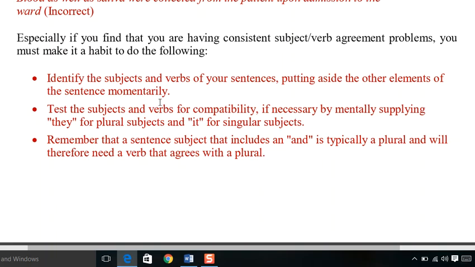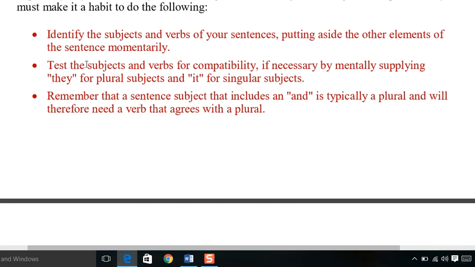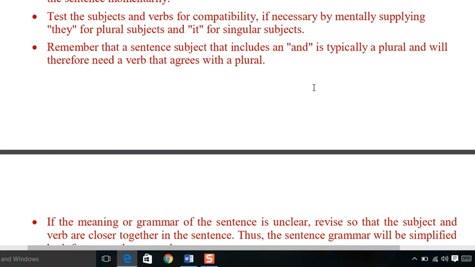Test the subjects and verbs for compatibility if necessary by mentally supplying they for plural subjects and it for singular subjects. If you feel it is a singular subject, you can apply it, and if it sounds plural, you can apply they. Then the chances of mistake are reduced.